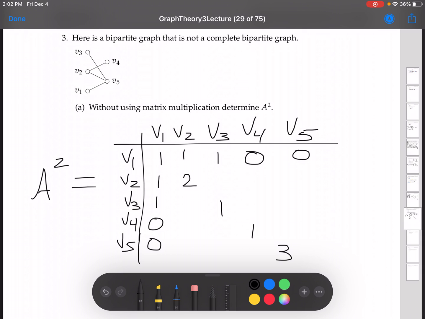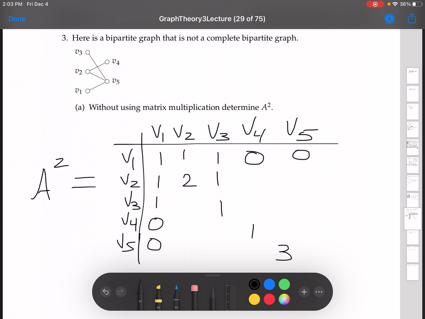So V2 to V3, how many two edge walks from V2 to V3? Let's see, you have 1 there, and I think that's just 1. There's just one two edge walk from V2 to V3.